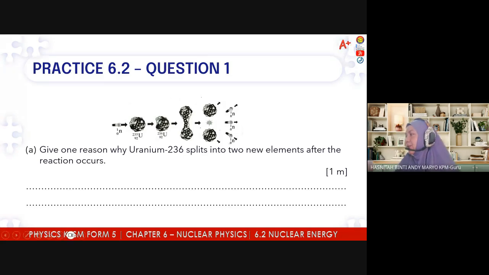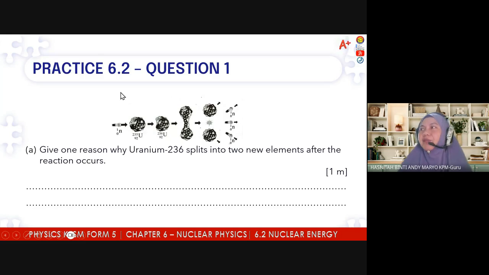Okay, now let us see these practices. Question 1, student. Why does uranium-236 split into two new elements after the reaction occurs? According to this diagram, what kind of reaction do we have there? We have nuclear fission.